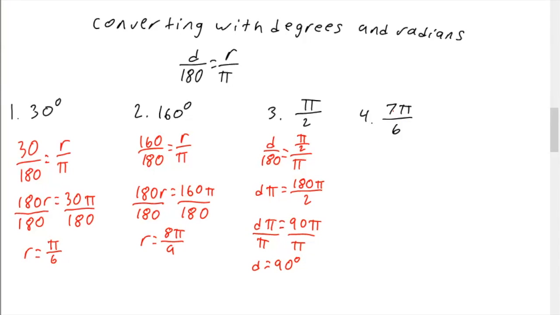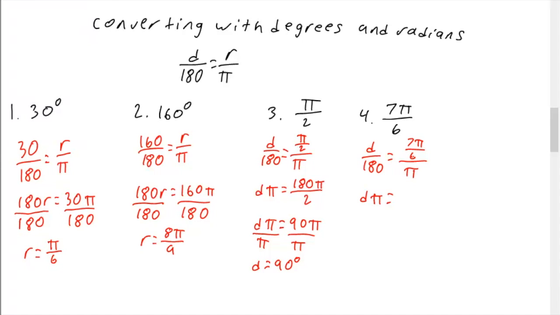So here we've got 7 pi over 6. So we've got d over 180 is equal to 7 pi over 6 over pi. Same thing. d pi is equal to, now I find it easiest to take 180, divide by the denominator of the fraction here. So 180 divided by 6 is 30, and then multiply by the numerator.